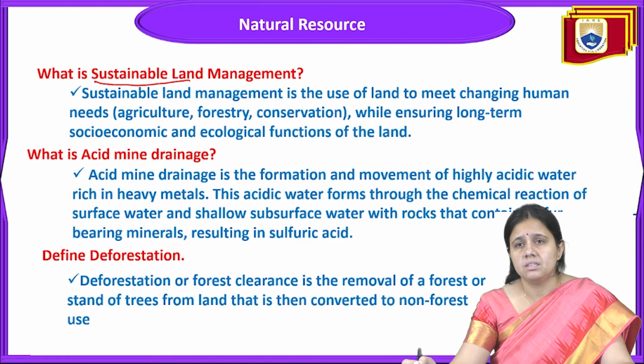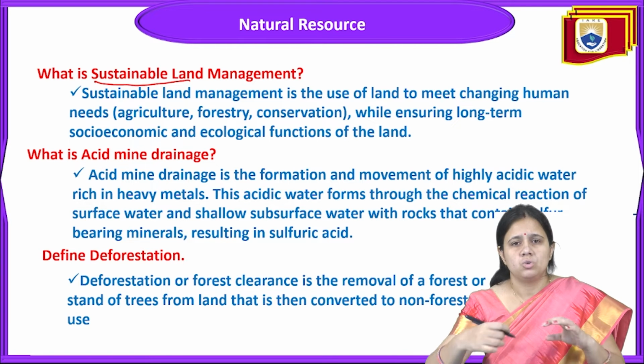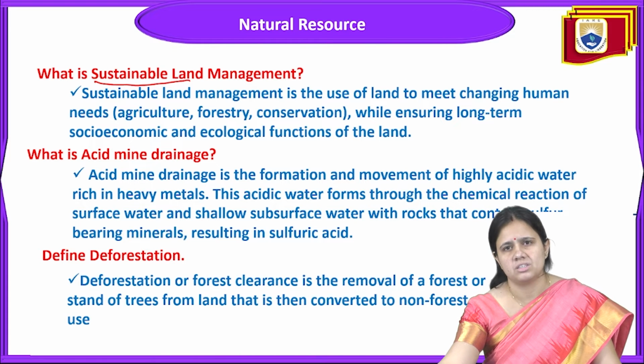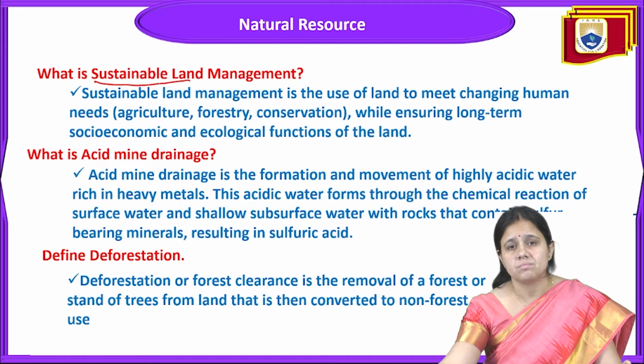Sustainable land management is the use of land to meet changing human needs while ensuring long-term socio-economic and ecological function of the land. So sustainable land management means fulfilling the needs of the present generation without compromising the needs of future generations. Don't over-exploit or overuse the land resources, and don't degrade the quality of land.